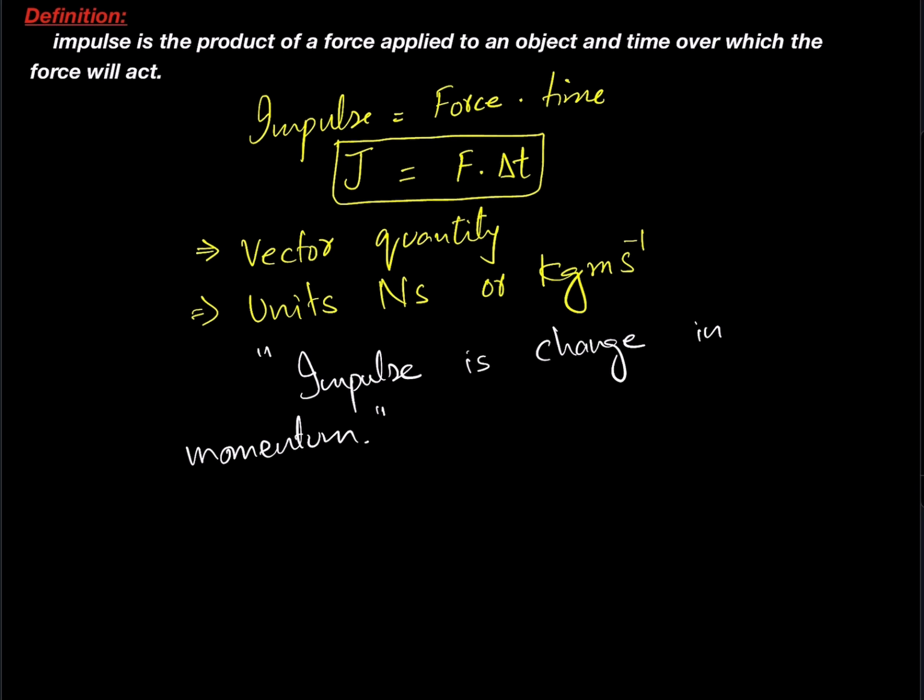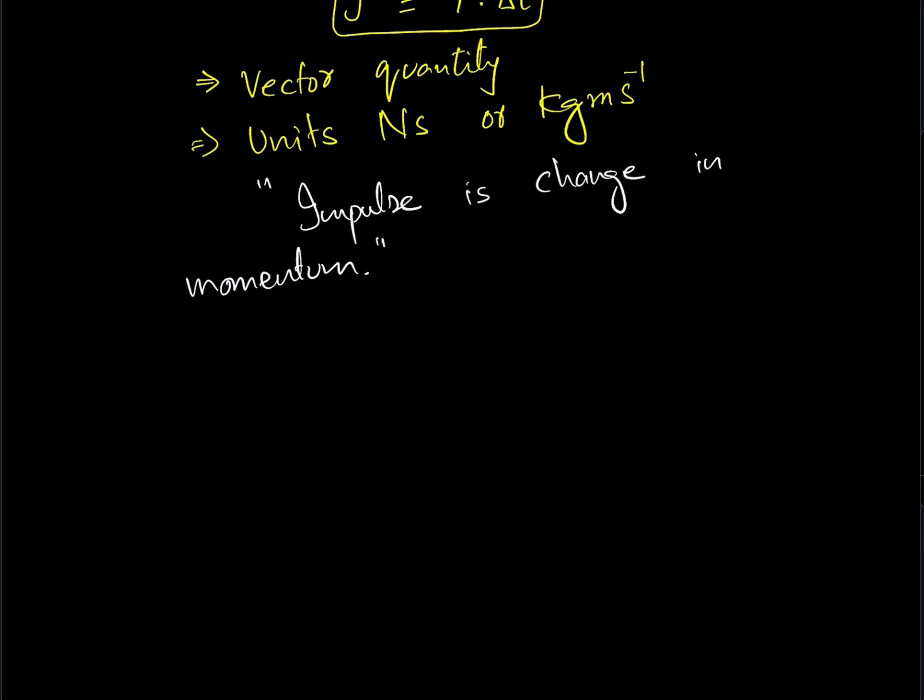Let's see. From Newton's second law, we know that F is equal to ma, where F is the resultant force, m is the mass, and a is the acceleration.